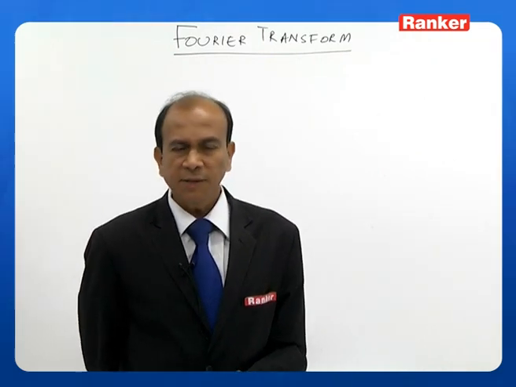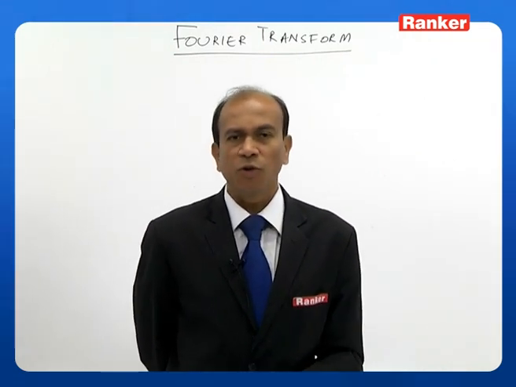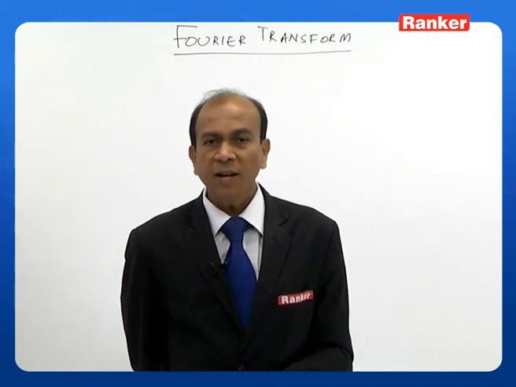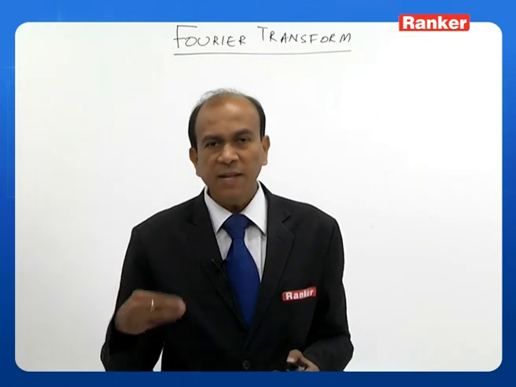Let us take two signals, g1 of t and g2 of t. These are two different signals. Now, the cross correlation talks about the relationship between g1 and g2, which is delayed.